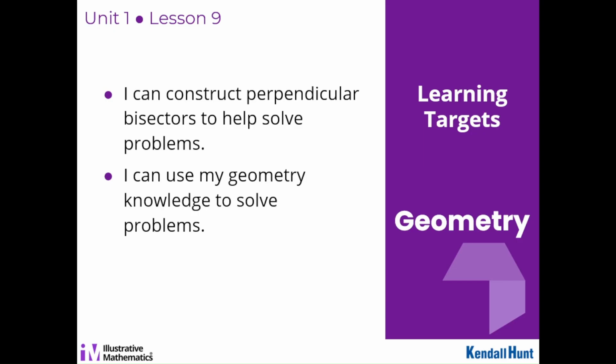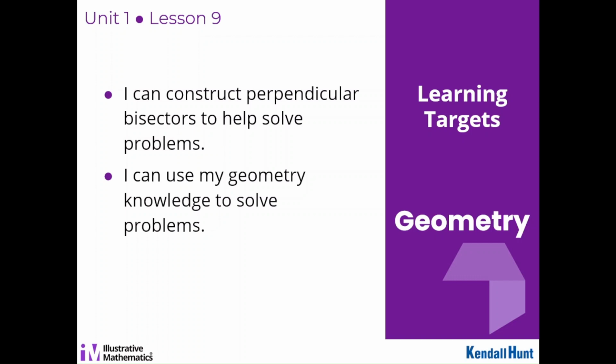Looking back on our learning targets for Lesson 9, we had two of them. Number 1, says that you can construct perpendicular bisectors to help solve problems. So the main things you have to remember is that a perpendicular bisector cuts a line segment exactly in half. It does so at exactly a 90-degree angle.